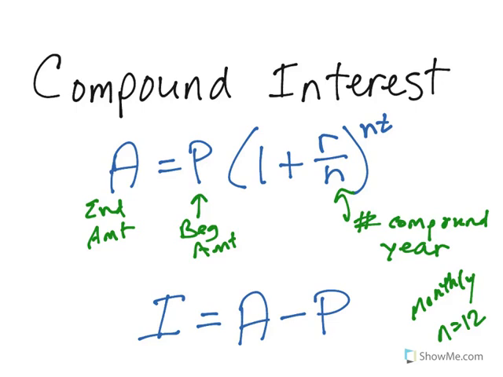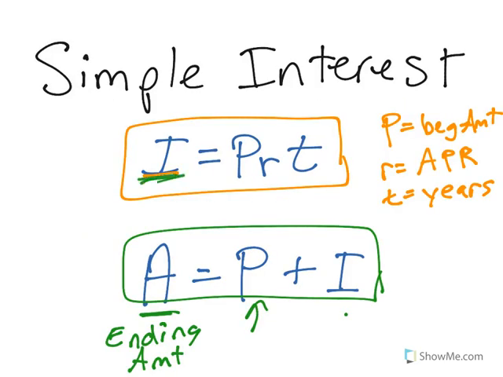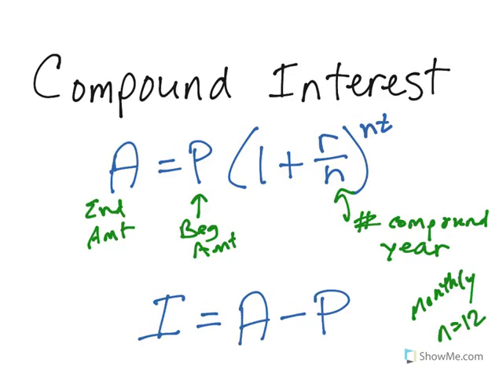And then your exponent is N times T, the number of times you compound in a year times the number of years. Now that gives you the end amount. And remember, for simple interest, we found one with the interest, one with the end amount. So we also have this formula that if you want to know the interest with compound interest, we take the ending amount and we subtract the beginning principal, right? The difference between what we start with and what we end with is the interest.